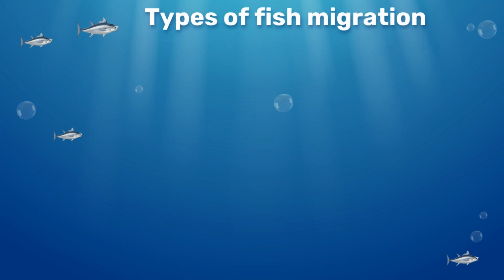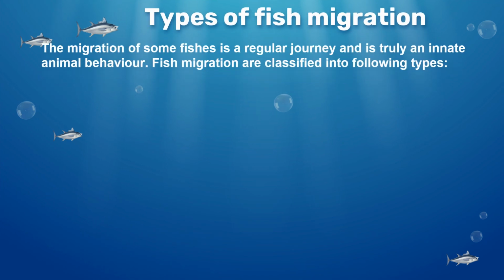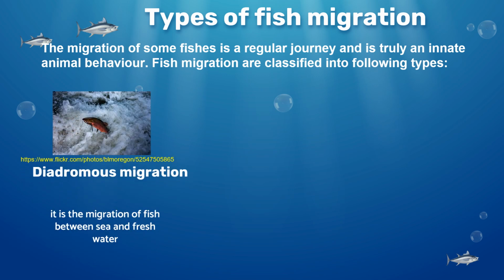Let's discuss what are the different types of fish migration. The migration of some fishes is a regular journey and is truly an innate animal behavior. Fish migration are classified into following different types. First is diadromous migration. It is the migration of fish between sea and freshwater.